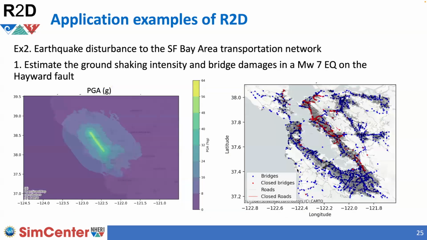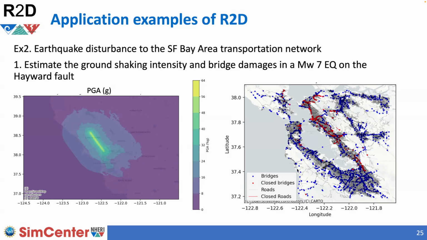In the second example, I studied the same earthquake event, but I looked at the disturbance of this event to the San Francisco Bay Area transportation network. Again, the first step is to estimate the ground shaking intensity for the whole San Francisco Bay Area region.